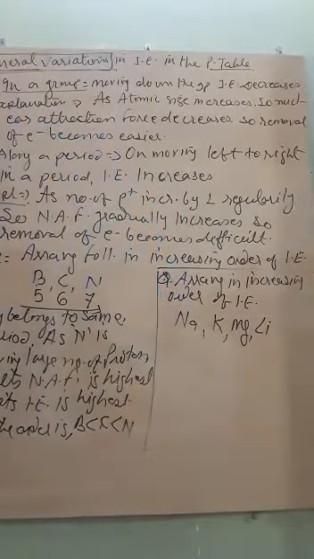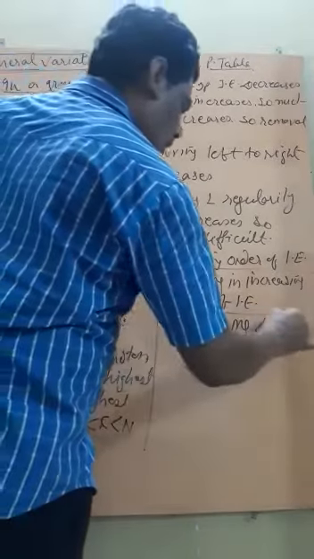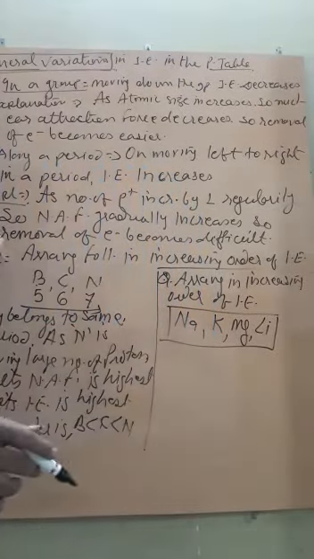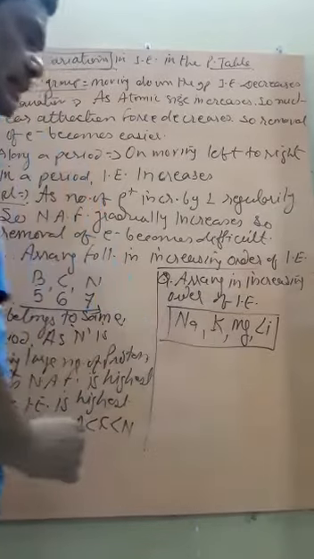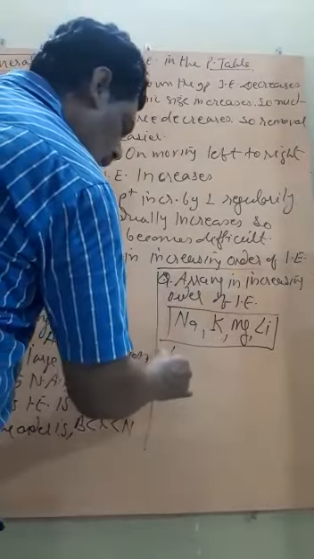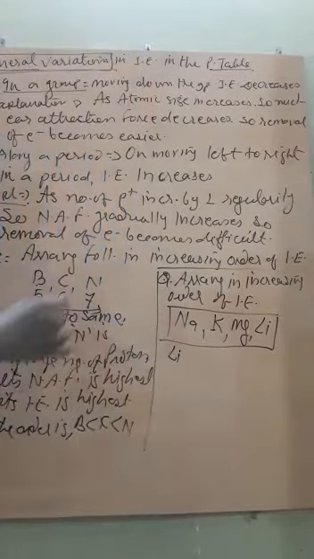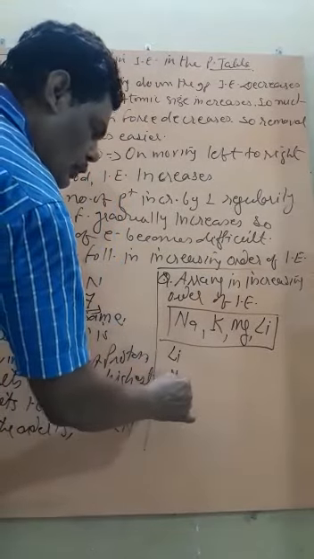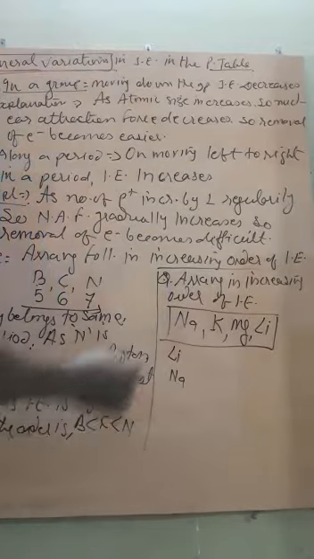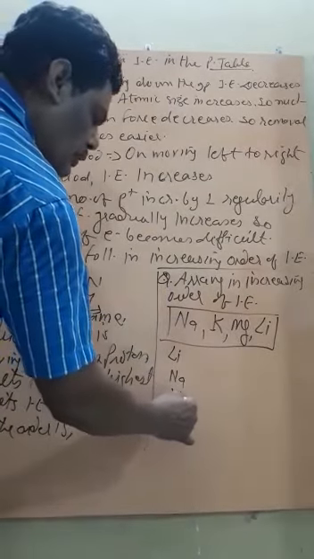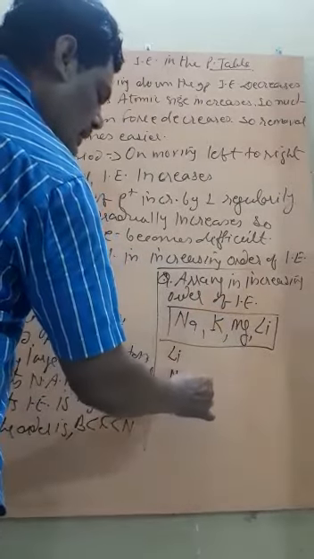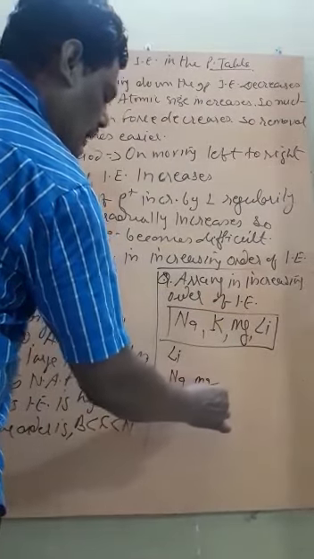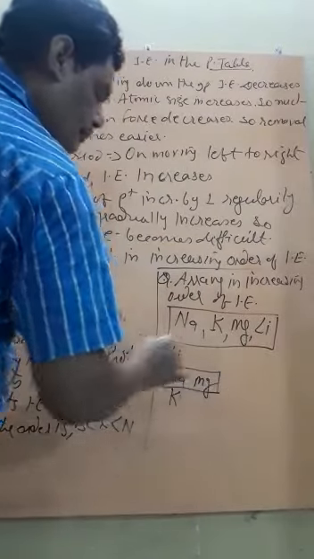Now the four elements are given. You have to compare. So what you have to do? First you make a virtual table showing their positions. Students, you know that lithium belongs to first group, sodium also belongs to first group but it is down to lithium, and potassium also belongs to first group, again down to sodium, but the fourth element magnesium is present in the same period as sodium.